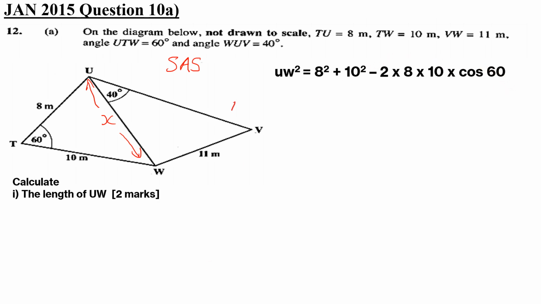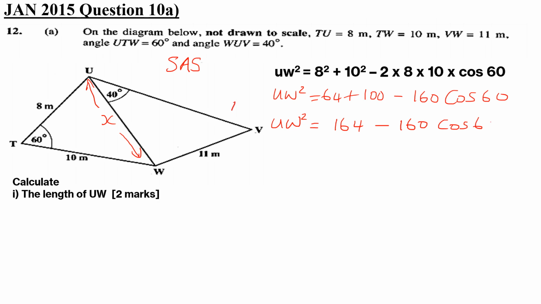So UW squared is equal to 64 plus 100 minus, 2 by 8 is 16, 16 by 10 is 160 cos 60. So UW squared is equal to 164 minus 160 cos 60.